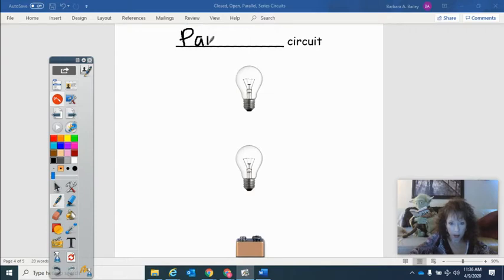Parallel. We talked about parallel lines, so this is kind of a similar concept. So once again, we have a battery. We've got two light bulbs, and they're being powered by the same battery.